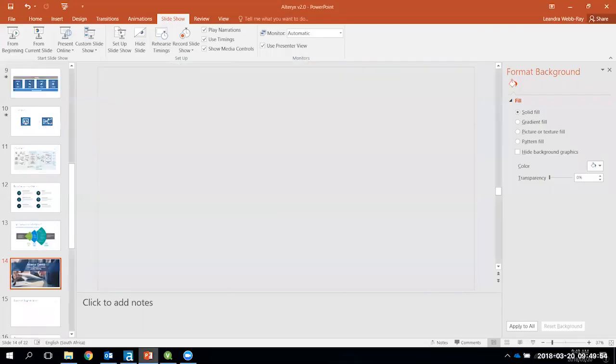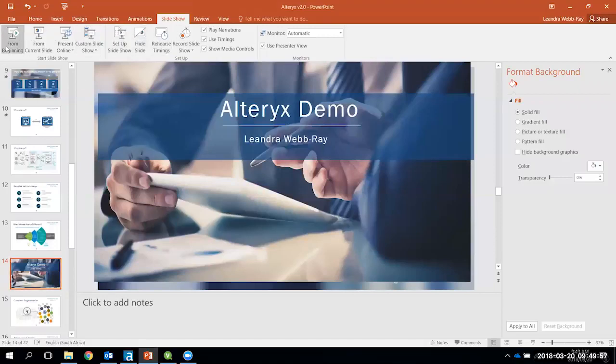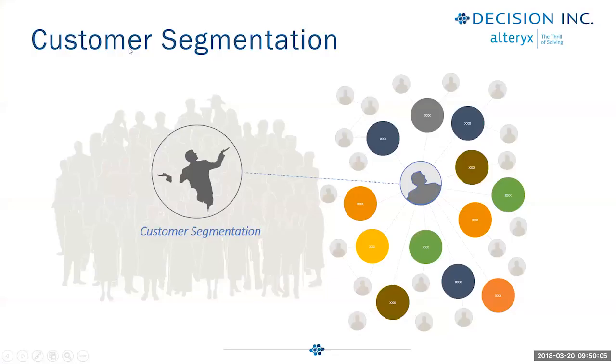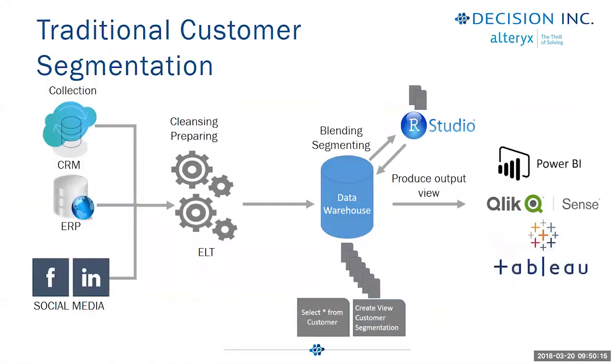and then maybe in the meantime, let's just run through a customer segmentation example. The effort involved traditionally in doing a customer segmentation would be, you would collect source information from various sources, whether that might be your CRM, some operational data from your ERP, and maybe if you want a marketing view, to collect some social media.